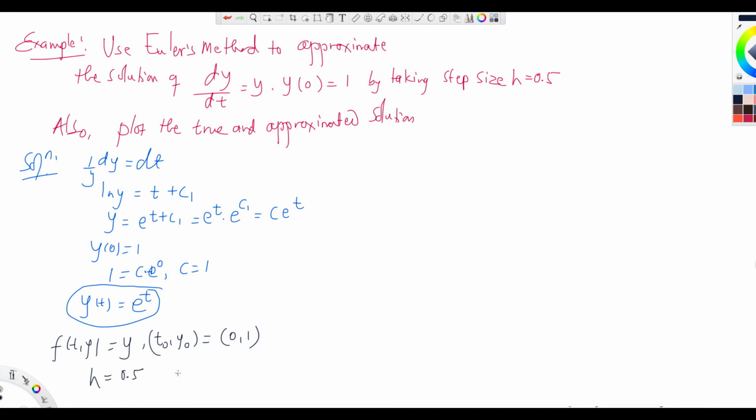So what is Euler's formula? y sub n plus 1 equals y sub n plus h times f of t and yn, right? We know the value of h, but the yn values will change. So h is just 0.5. What is f? f is given as y, right?